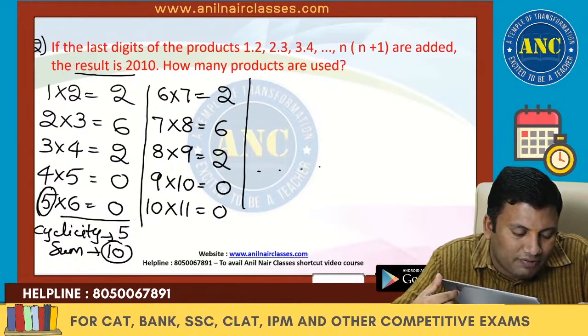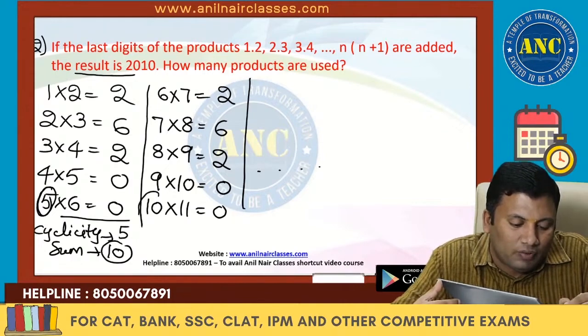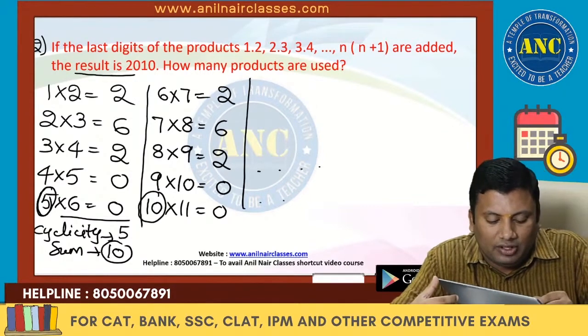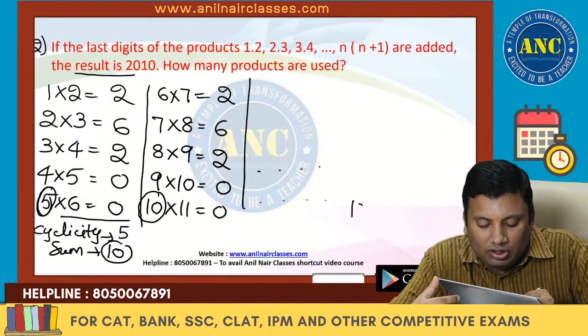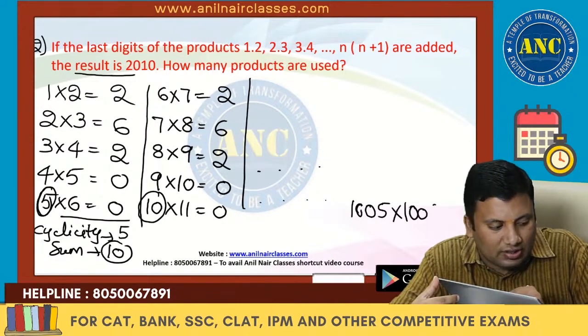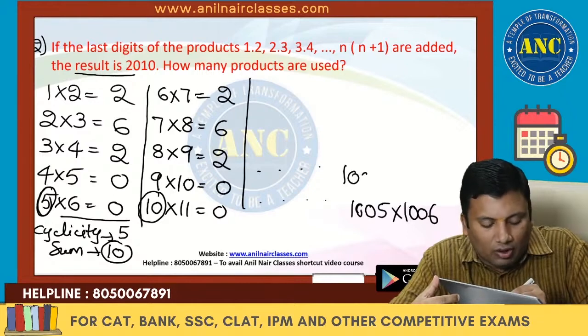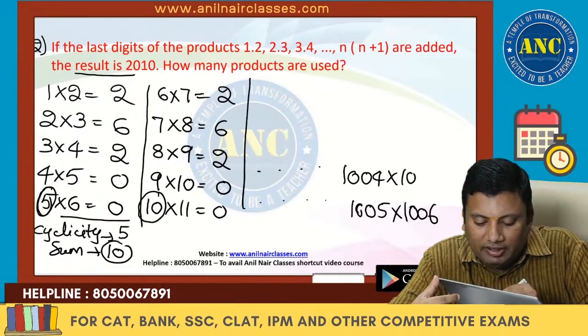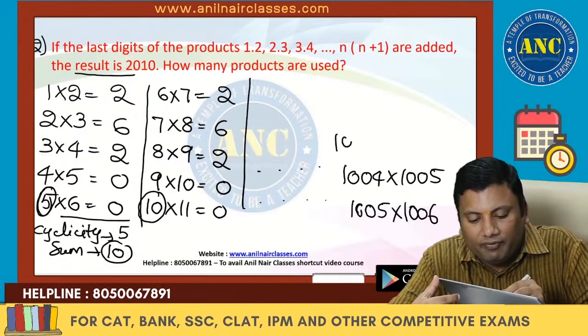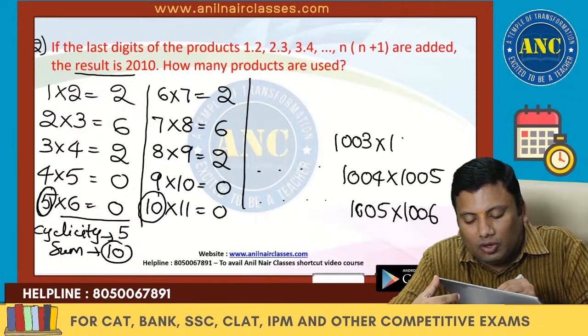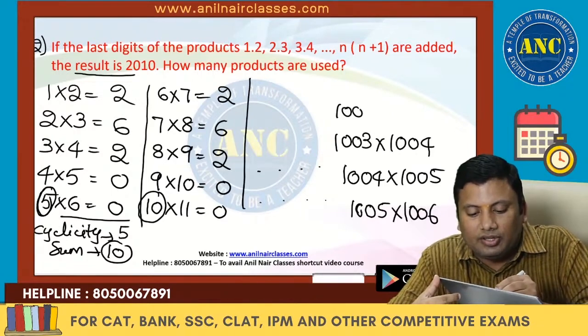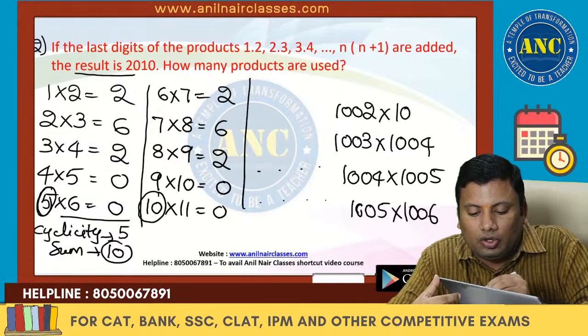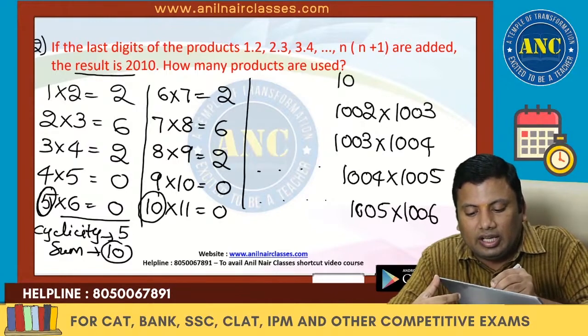The first group ends with 5 into 1. The second group is 5 into 2. The 201st group is 1005 into 1006. Next it is 1004 into 1005, next 1003 into 1004, next 1002 into 1003, next 1001 into 1002.